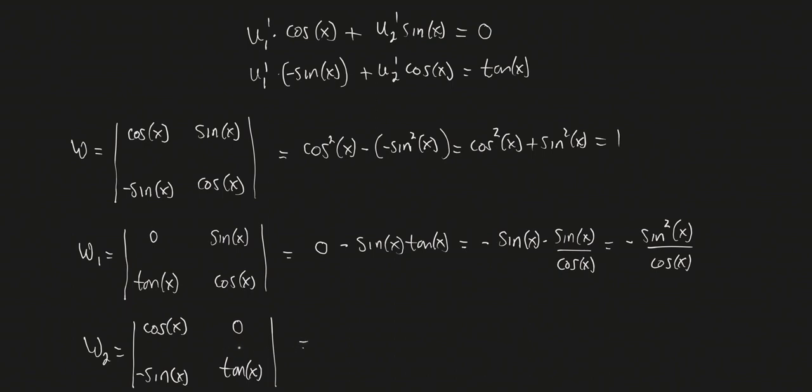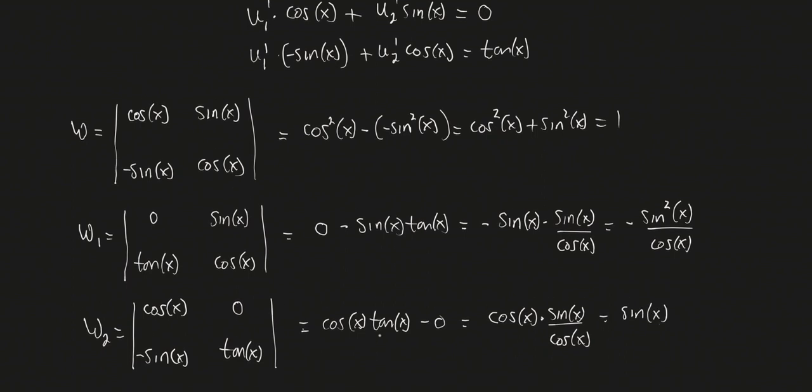So let's see, what do we have here? So now we have cosine times tangent minus 0. Now this does simplify, right? Because if I take the cosine of x times the sine of x over the cosine of x, this reduces to the sine function.